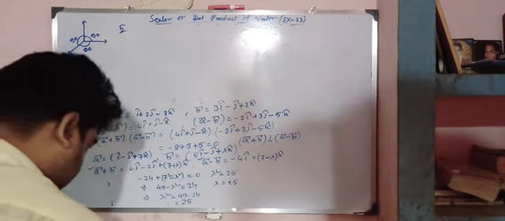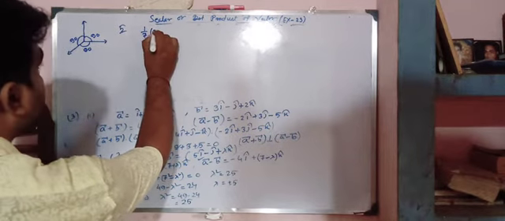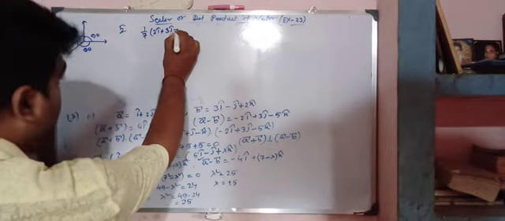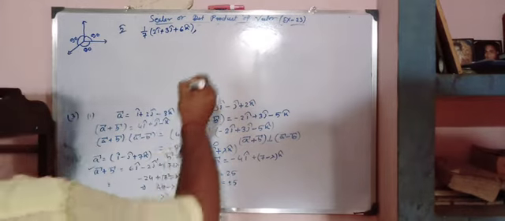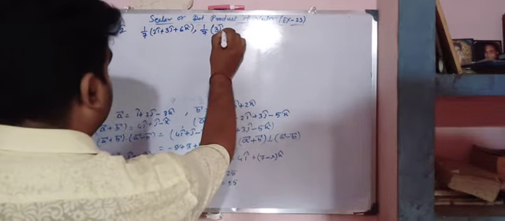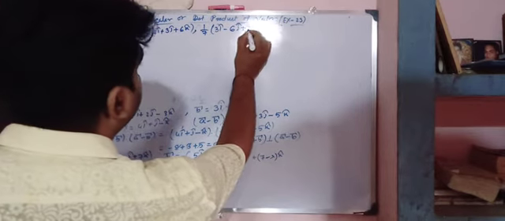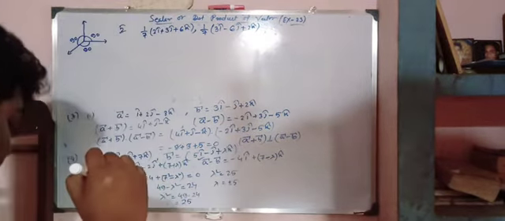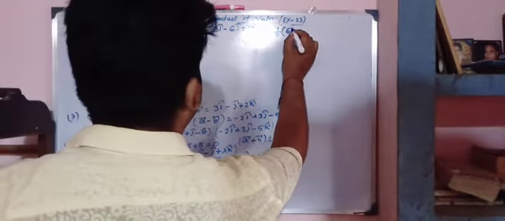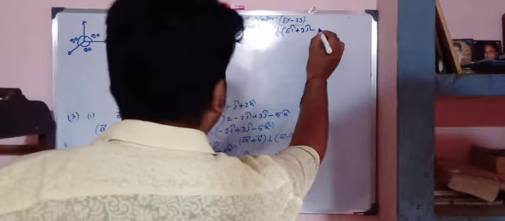Question number 5. Now here it is given that the vectors are 1/7 (2i cap plus 3j cap plus 6k cap), 1/7 (3i cap minus 6j cap plus 2k cap), and lastly 1/7 (6i cap plus 2j cap minus 3k cap).